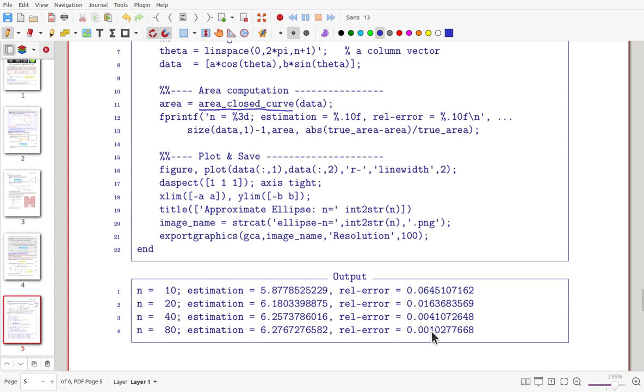From this output, you can see that once you choose twice more points, the error becomes a quarter. So the convergence is quadratic. In a sense, the angle becomes half for each line segment. Now the error becomes a quarter. So half squared is a quarter. So it is quadratic convergence.